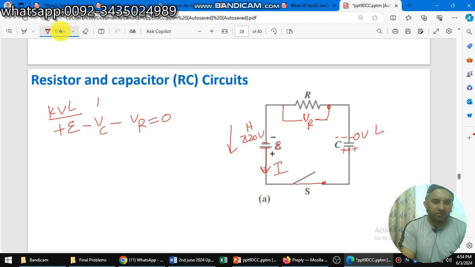We know that according to KVL, the sum of all potential changes in a circuit must be equal to 0. So there are three potential changes: E minus Vc minus VR is equal to 0.